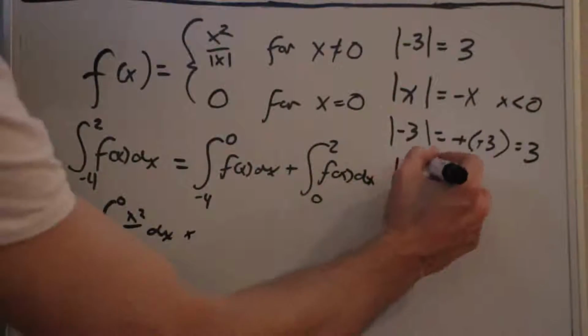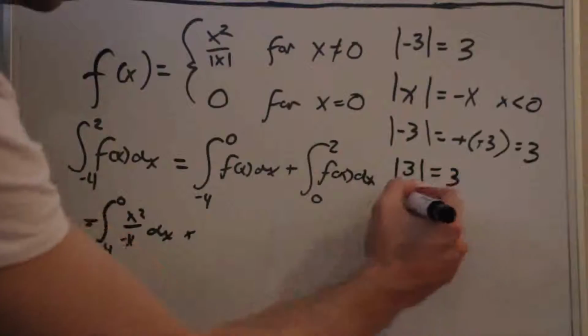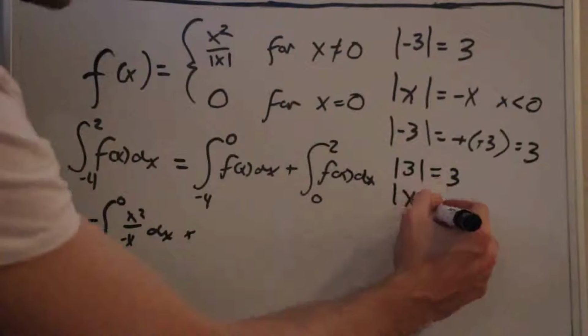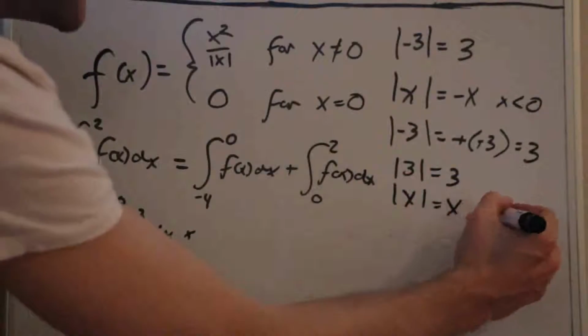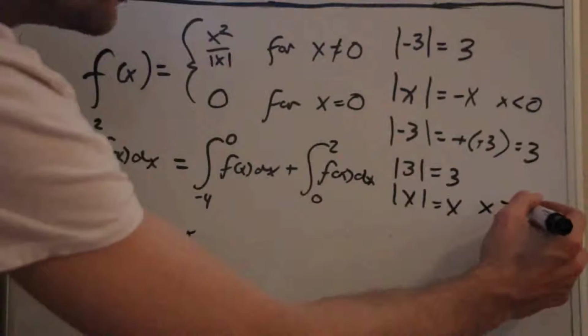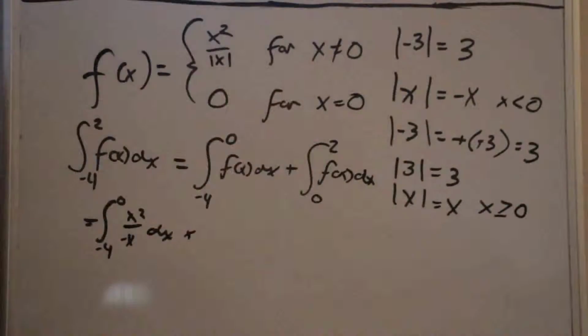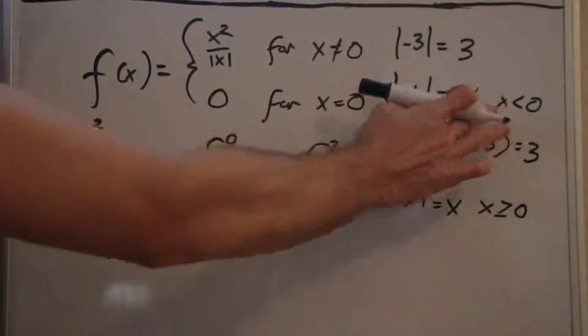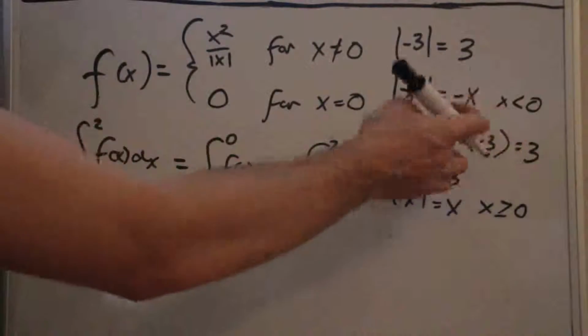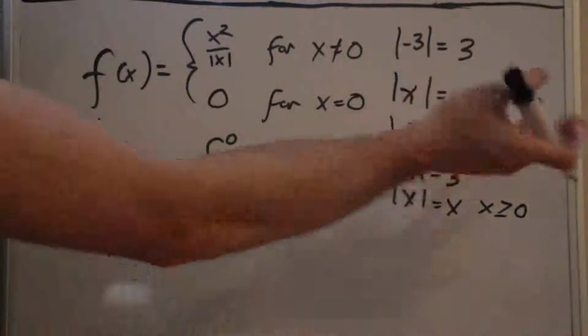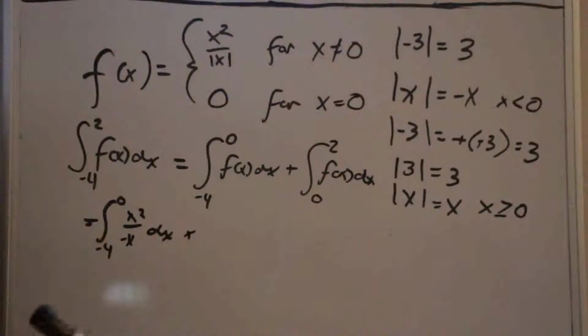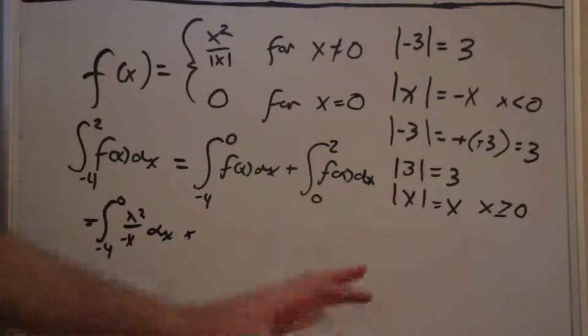The absolute value of just +3 equals 3. So the absolute value of x equals x when x is greater than or equal to 0. The one above is true for when x is less than 0, because the absolute value of 0 is -0 and +0. It makes no difference, so I'm just throwing that in there.